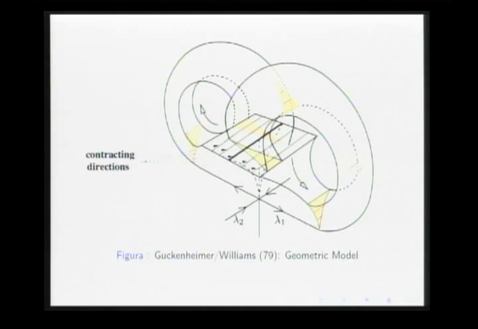So in 1979, Guckenheimer and Williams proposed this geometric model that was somehow the same thing as the Lorenz object. It was a model with a singularity at the origin, having the two unstable manifolds like this one and this other one, and a stable manifold like here, with the feature that for z equal to 1, you can take a square here, and the dynamics is like this.